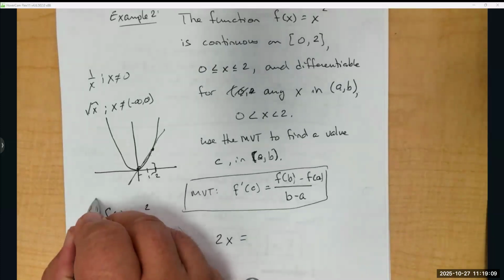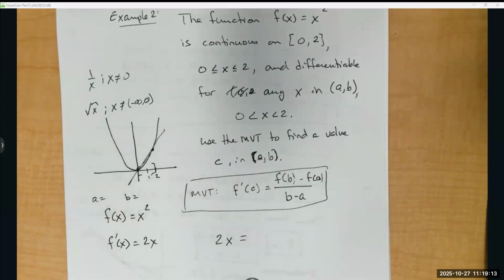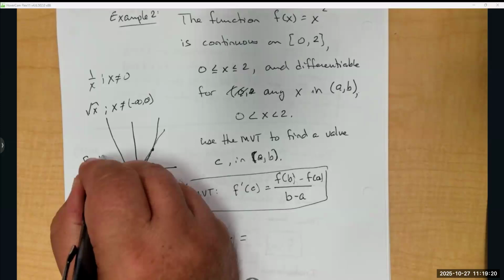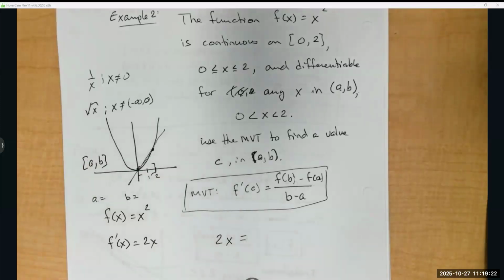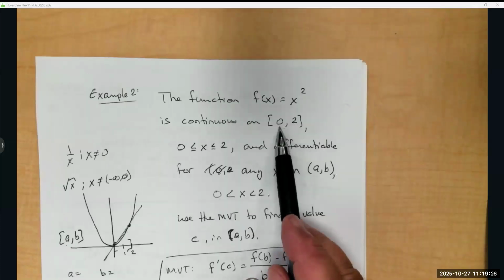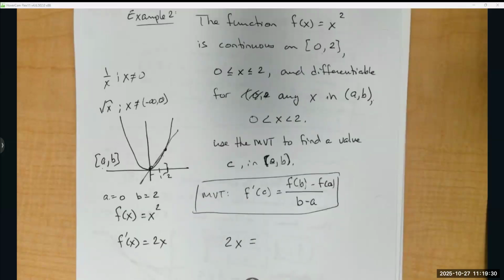So what is a and what is b? A and b are our intervals. So what's our closed interval? What's the lowest on our closed interval? 0 and 2. So this is 0 and this is 2.